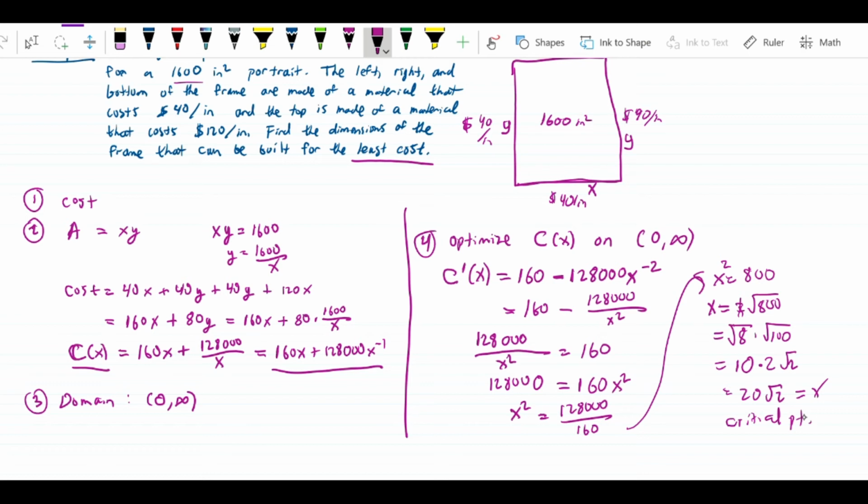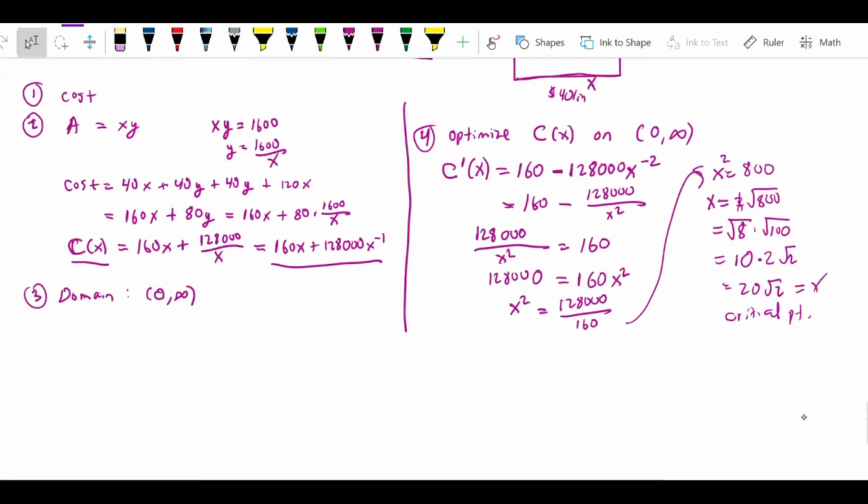Recall that the two ways are either the first derivative test, where we check whether the derivative changes from positive to negative across the critical point, or vice versa, or the second derivative test, where we look at the second derivative at that point to determine whether the critical point is sitting on top of a concave down function or below a concave up function. The second derivative test is actually going to be pretty straightforward in this case.